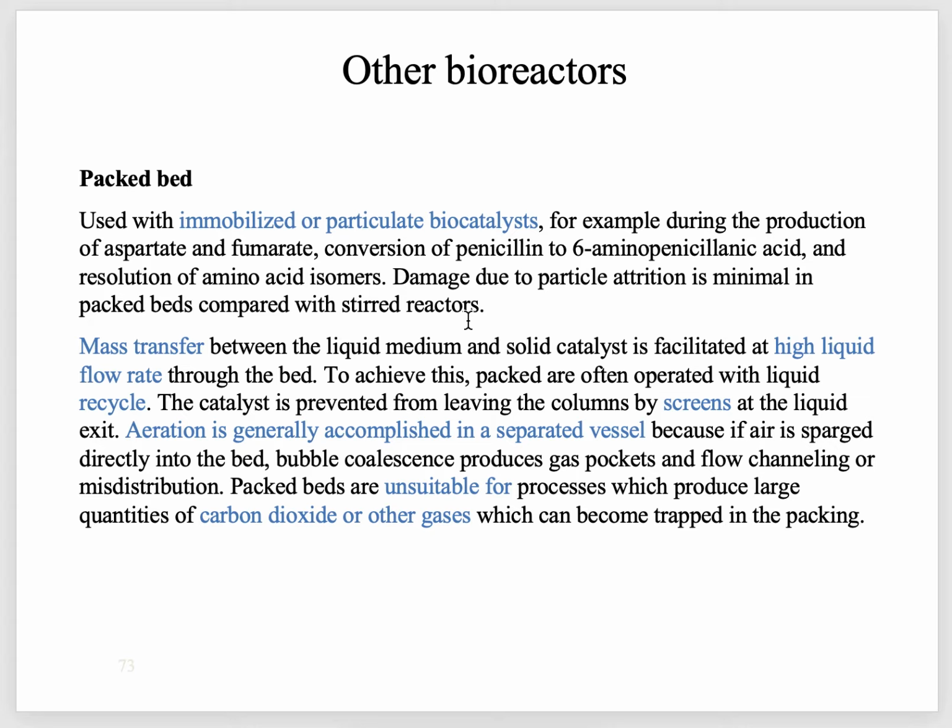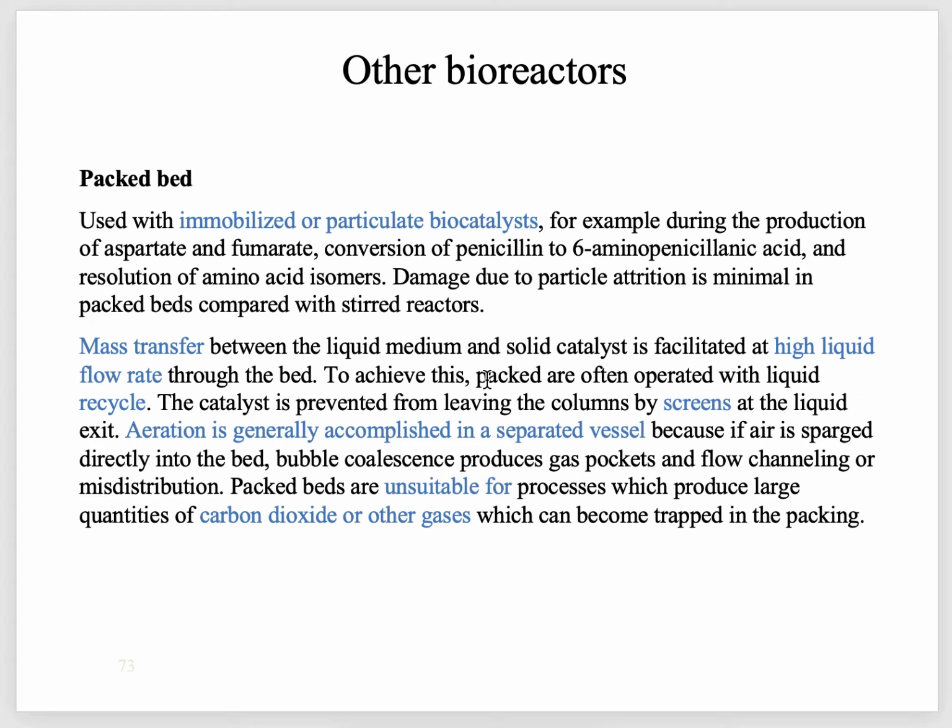Although there are some benefits, there are also some problems in this kind of bioreactor. For example, mass transfer can sometimes be problematic here, but this can be overcome. In packed bed bioreactors, mass transfer between the liquid medium and the solid catalyst is facilitated at high liquid flow rate through the bed.